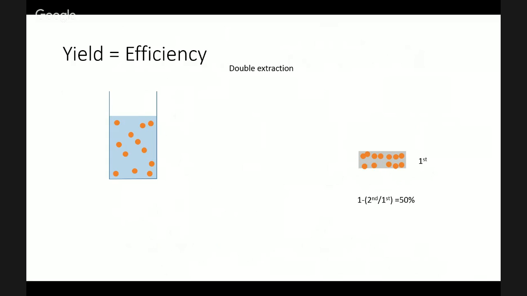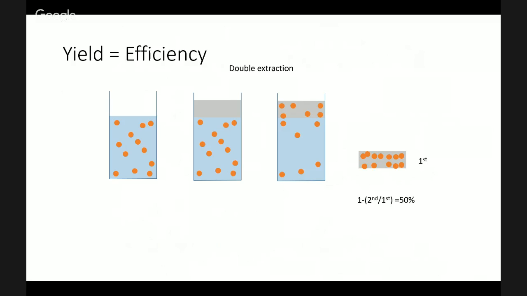One way is to do that extraction again. If we re-perform that extraction on the now depleted water sample, this proportion of iron going into the organic phase versus staying in the water should be the same, because the chemistry is the same. So if we then measure the first extraction and the second extraction, the ratio between them should give us the percentage efficiency.